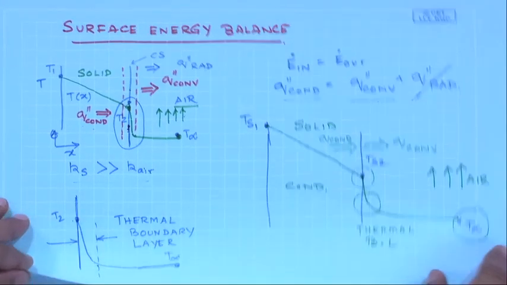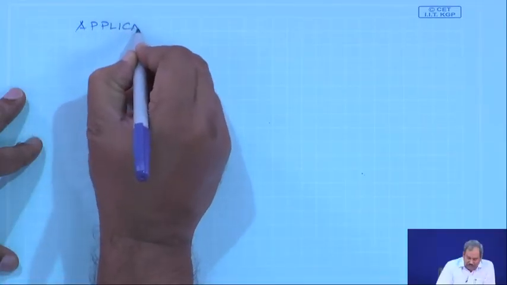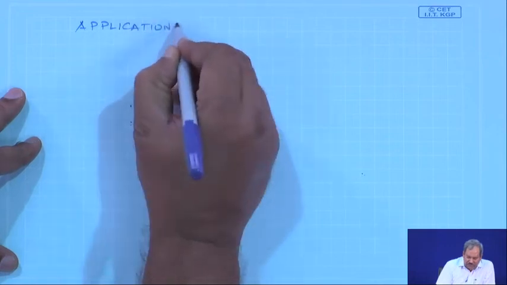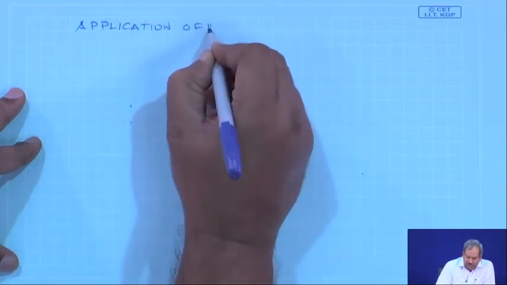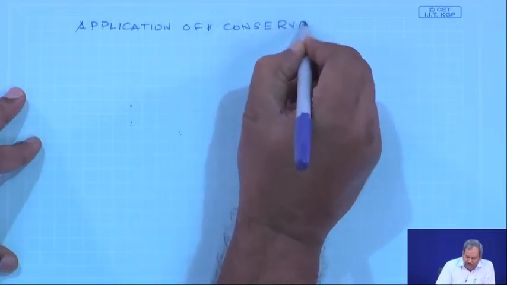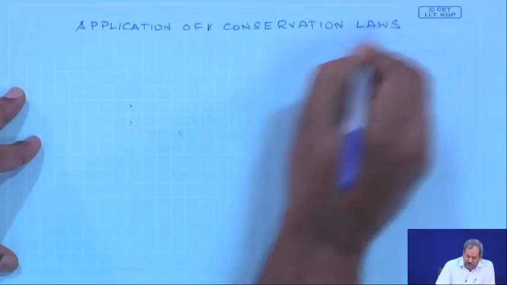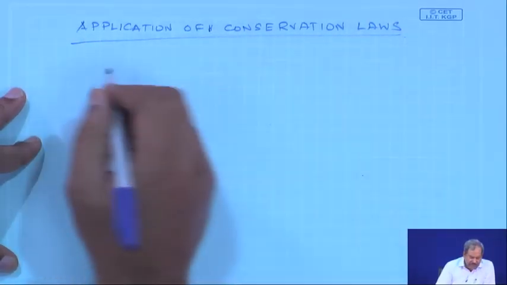So, what is the methodology, the conservation analysis, or application of conservation laws? How do we apply the conservation laws?